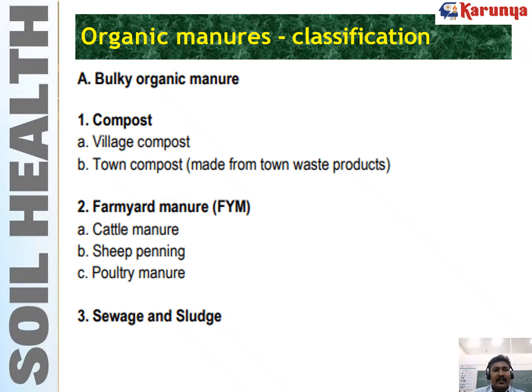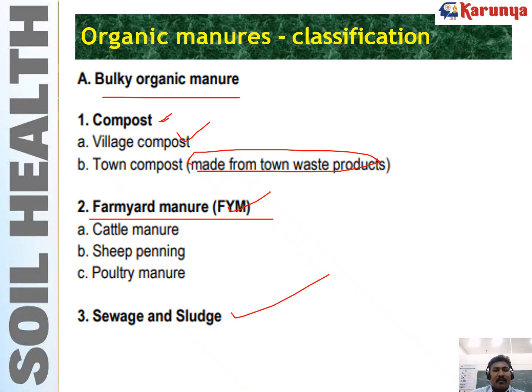In the same way, examples of bulky organic manure are compost, farmyard manure, and sewage sludge. Compost includes village compost, town compost, vermicompost, and compost made from town waste products. These all come under composting, which means we are decomposing the raw material collected from different sources. The second one is farmyard manure.